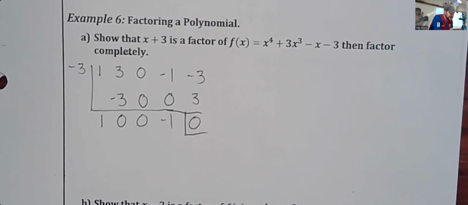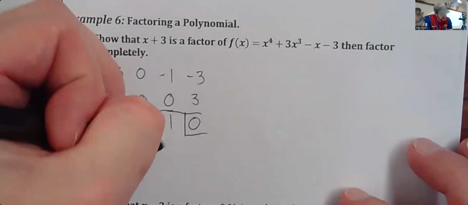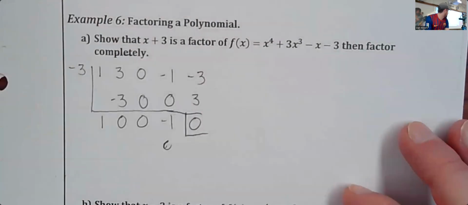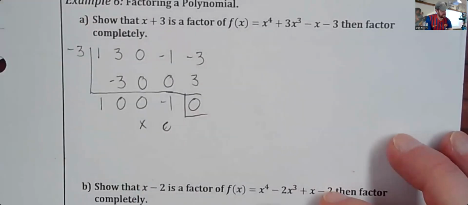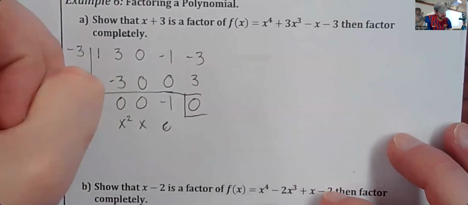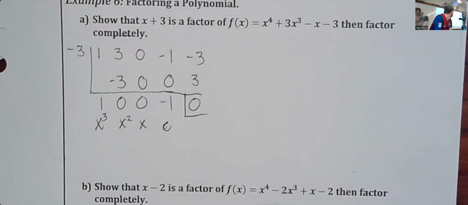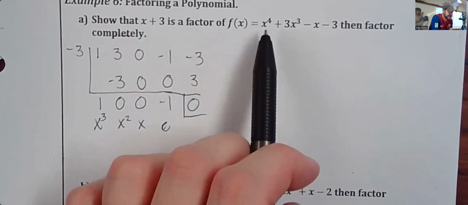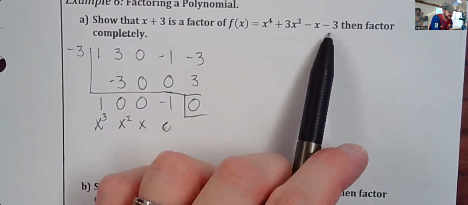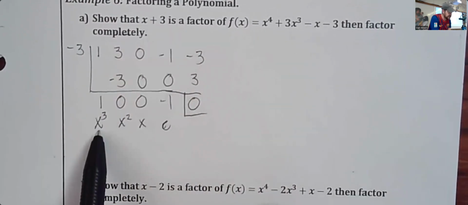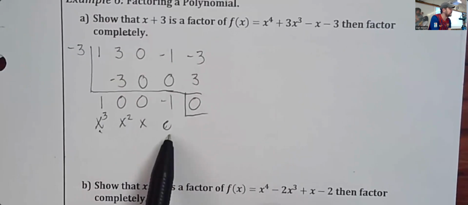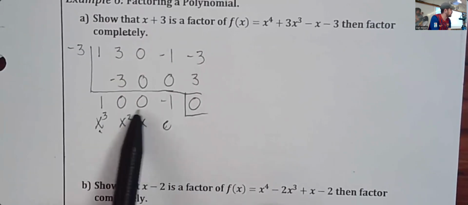So when we write this out, this is our constant term. This is our linear. This is our quadratic, and this is our cubic. So what we're saying is that x to the 4th plus 3x cubed minus x minus 3 divided by x plus 3 is equal to x cubed minus 1, because these are both 0.